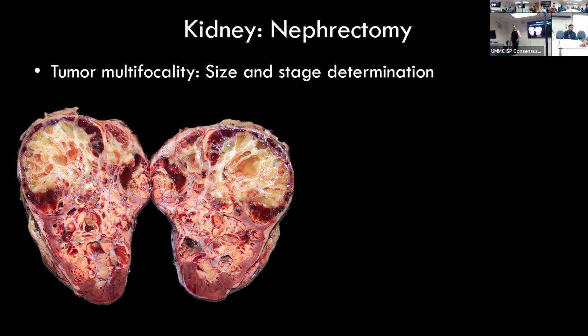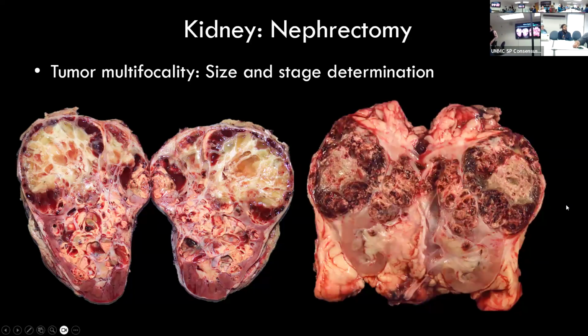I do see some little nodular structures here, but come on, that's so close enough to the main tumor that I'm just not going to think of that as a distinct mass I'm going to measure. So that's easy, okay?